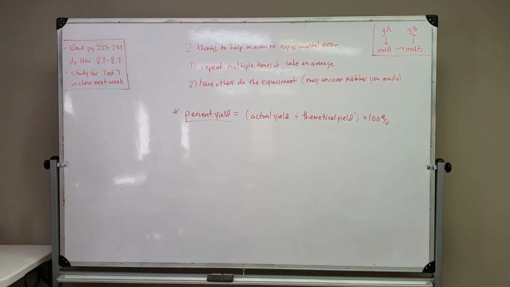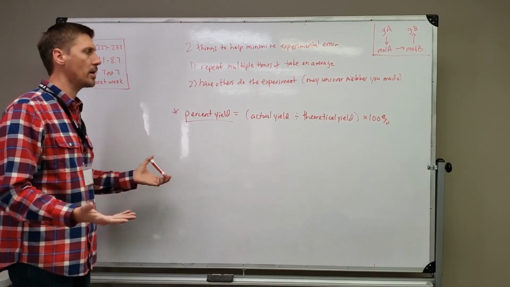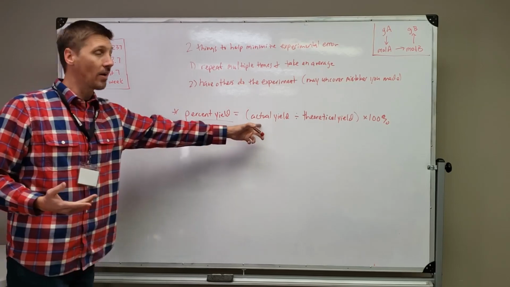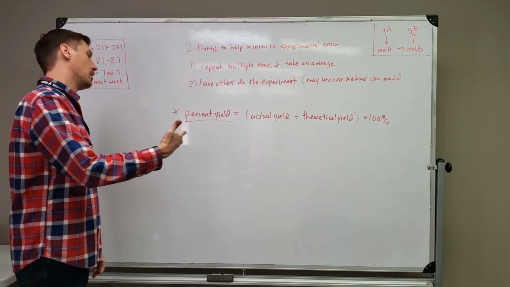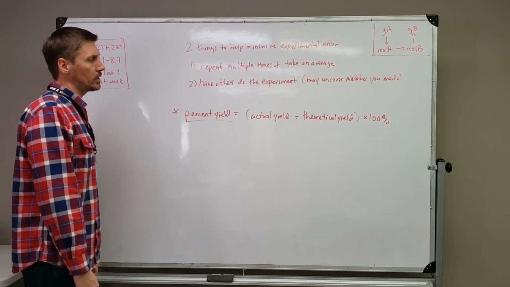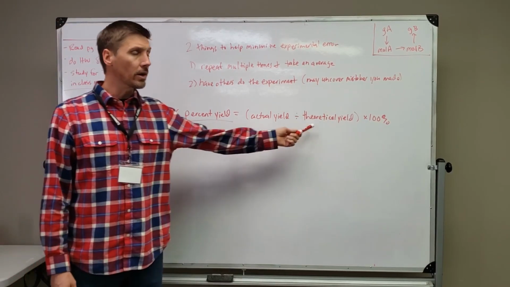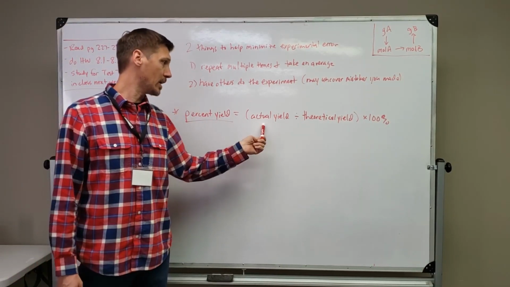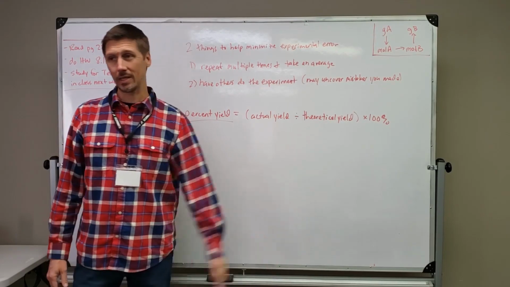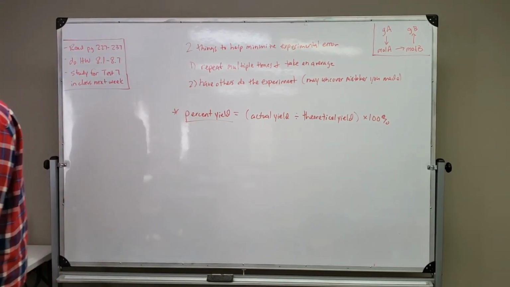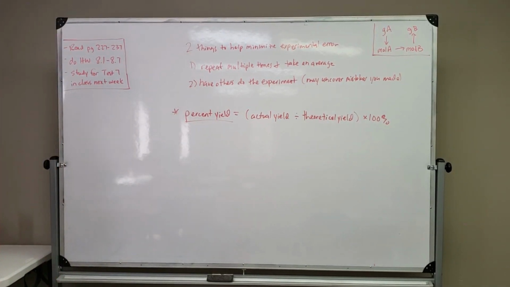So like in the case of the mass of a particular product, we get a mass at the end, which is our actual yield, but then when we do the calculation based on the equation, we have a theoretical yield that we expect. So we divide that actual yield by the theoretical yield and multiply that times 100, and that's our percent yield. Usually the percentage is less than 100%.